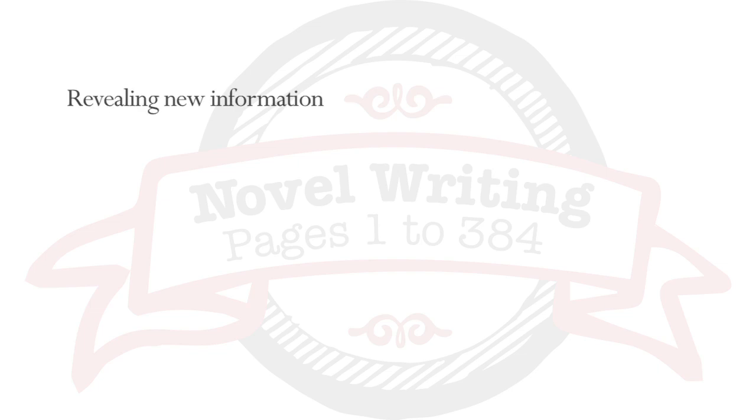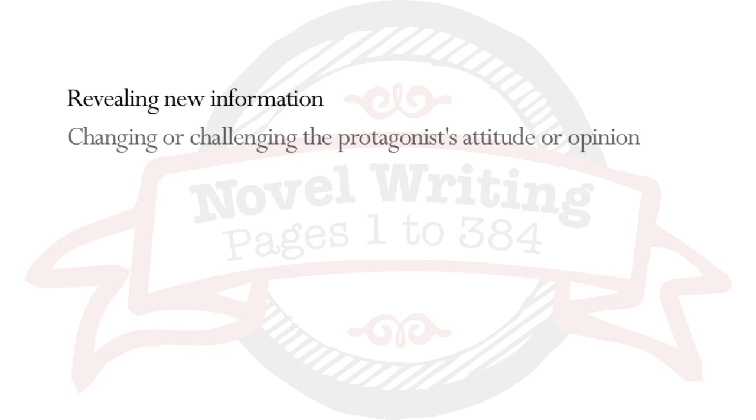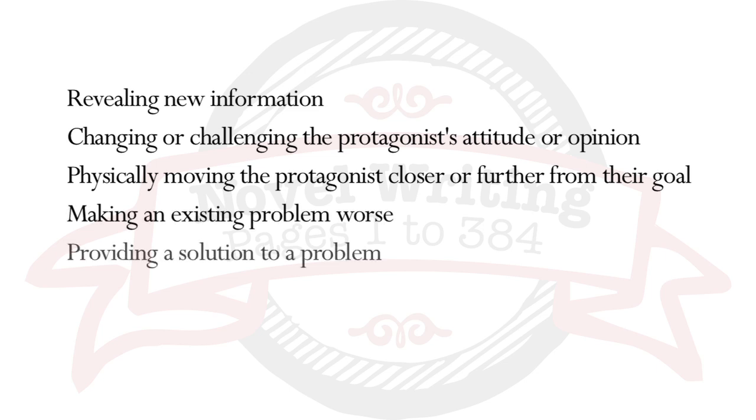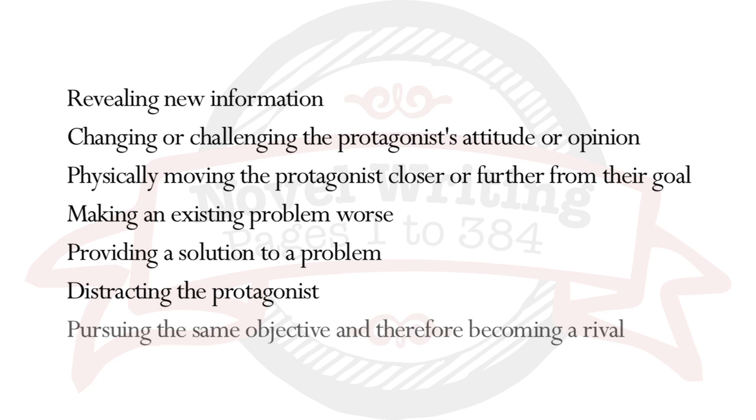So a character might affect the protagonist's chances of achieving their goal and therefore contribute to the main story by revealing new information, changing or challenging the protagonist's attitude or opinions, physically moving the protagonist closer or further away from their goal, making an existing problem worse, providing a solution to a problem, distracting the protagonist, or even pursuing the same objective and therefore becoming a rival. And some of these overlap, and there are of course many more.